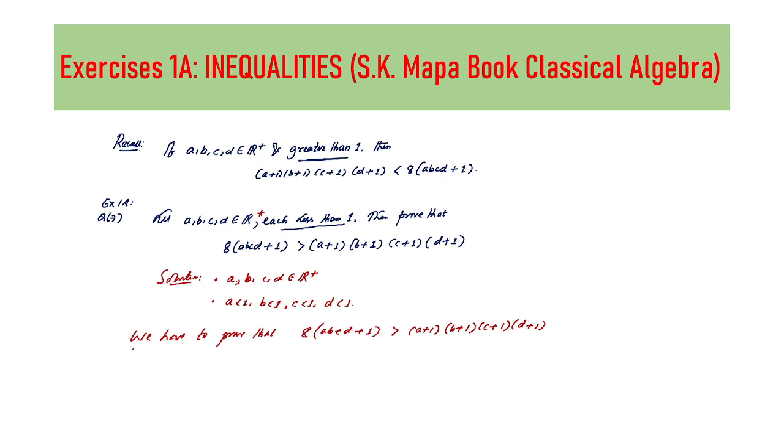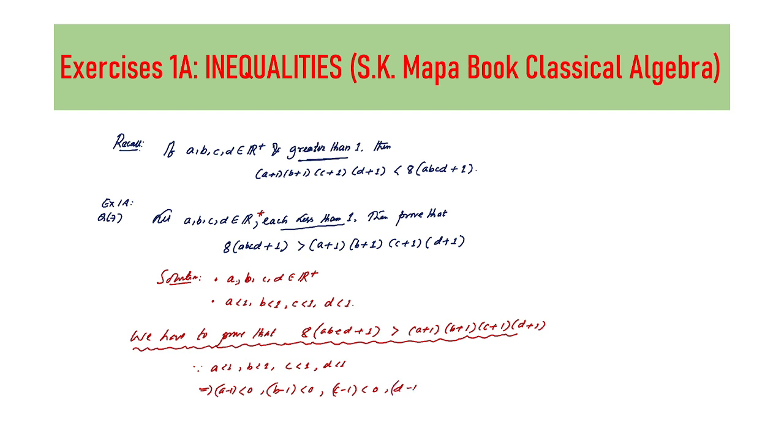Now, for proving this inequality, what is given? Since A less than 1, B less than 1, C less than 1, and D less than 1, from this we can write A minus 1 less than 0, B minus 1 less than 0, C minus 1 less than 0, and D minus 1 is also less than 0.